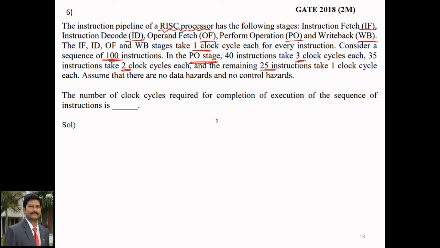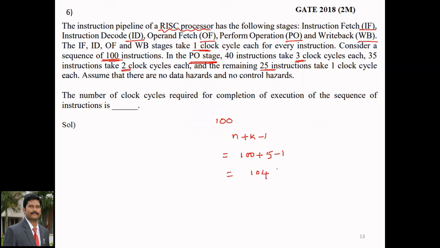Total how many instructions? 100 instructions are there. Okay, so generally to execute 100 instructions, what is the formula? N plus k minus 1, that equals n is 100, stages 5, minus 1. Okay, this is how many? 104.